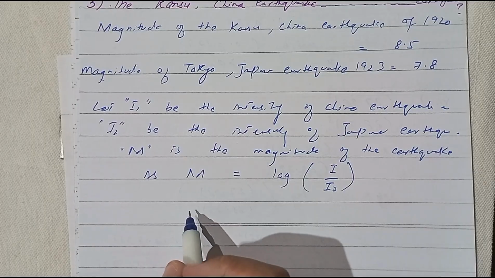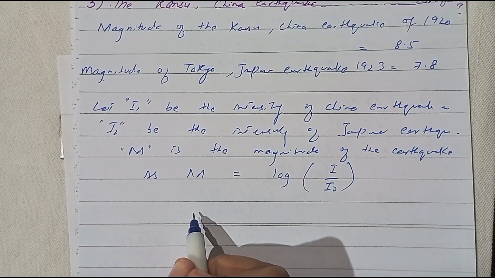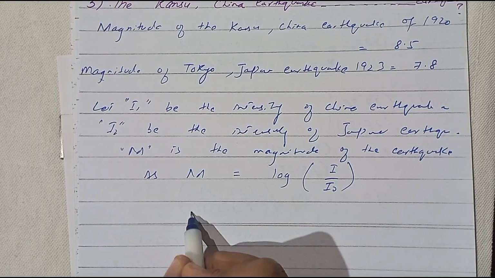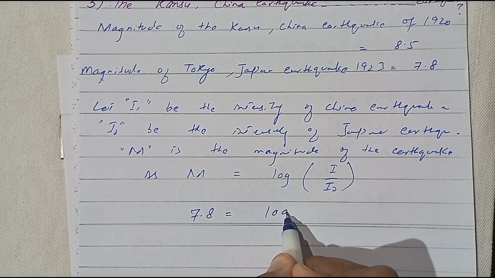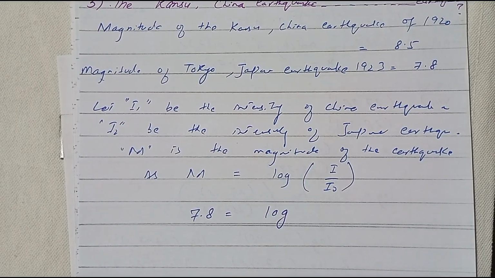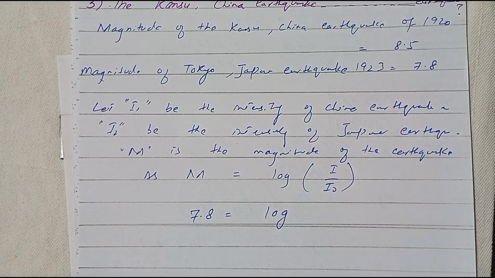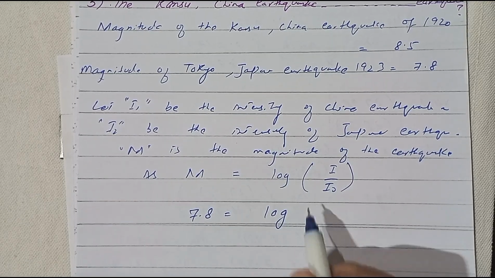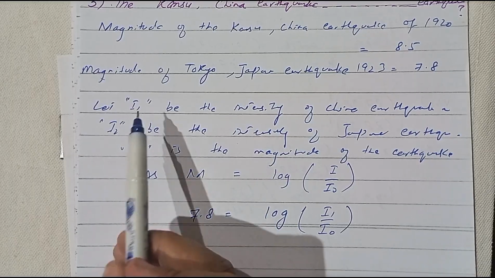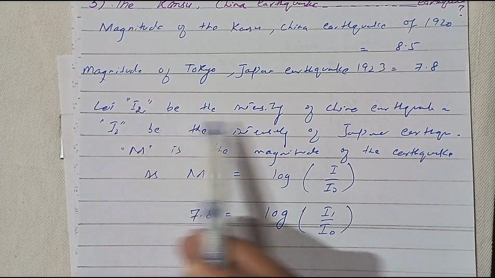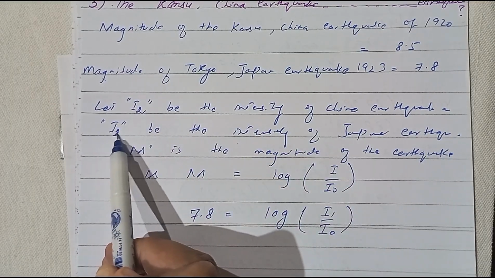So for Japan magnitude is 7.8, and we write it as log of I1 divided by I naught. Here I2 is the intensity of China and I1 is the intensity of Tokyo.